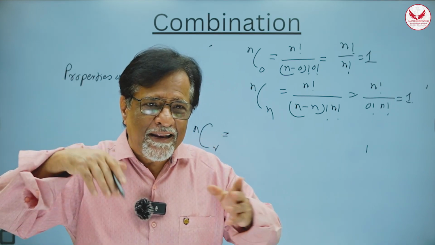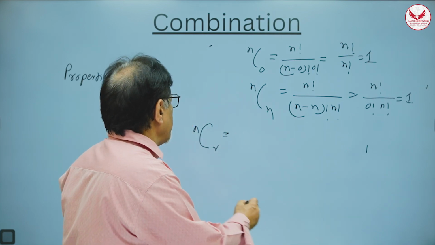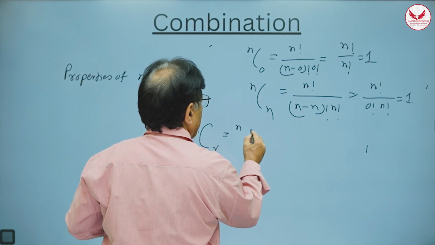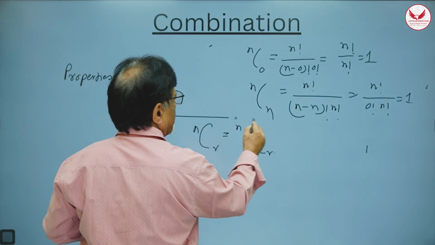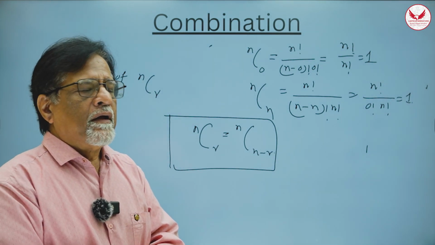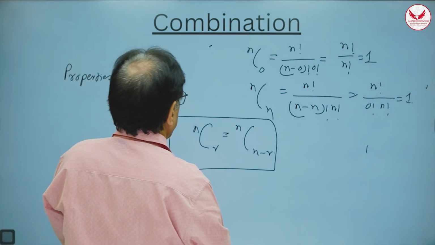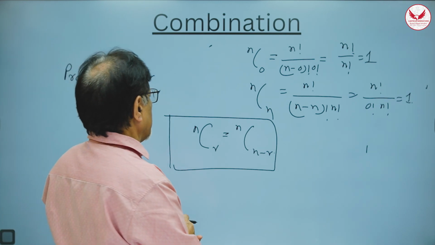So you are selecting n minus r objects for rejecting them. Right? So obviously NCR is same as NC(n minus r). Very, very important identity. NCR is always equal to NC(n minus r).